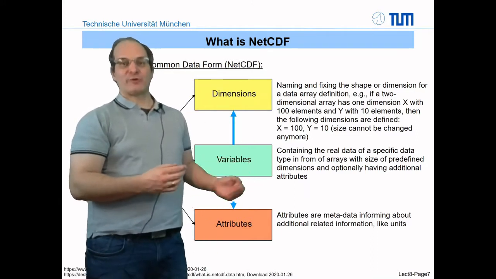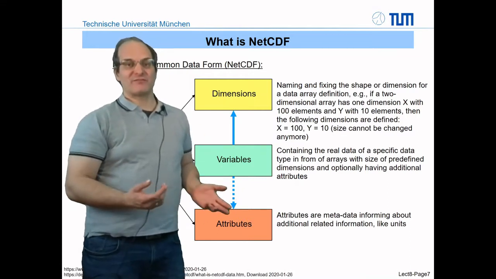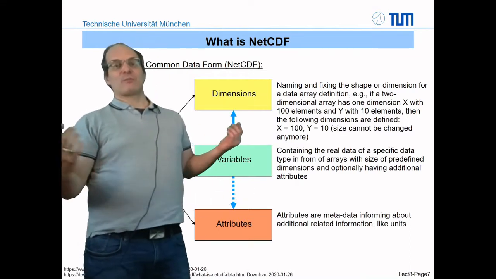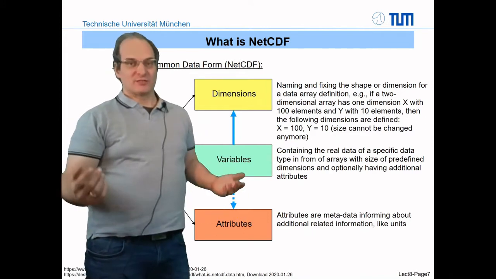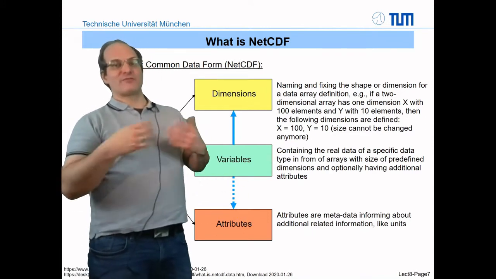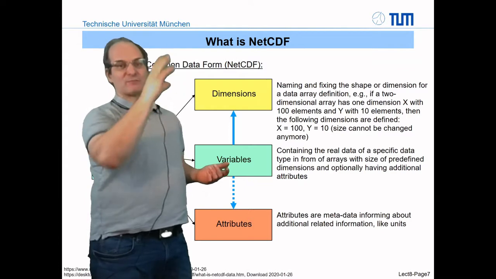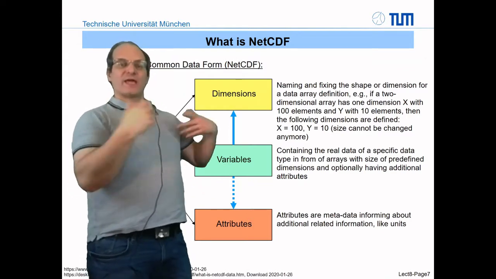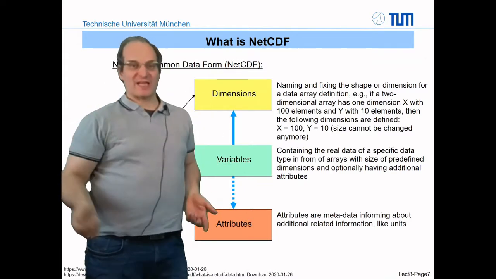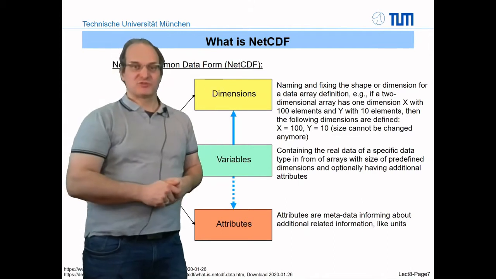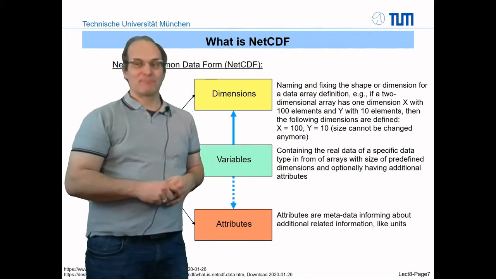So what are the attributes? The attributes are in principle meta information, for example, like kilometers per hour, so units, or other information like a special timestamp, so that you know, okay, the data are from July 21st. Okay.